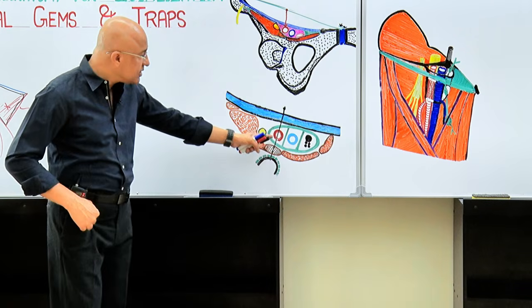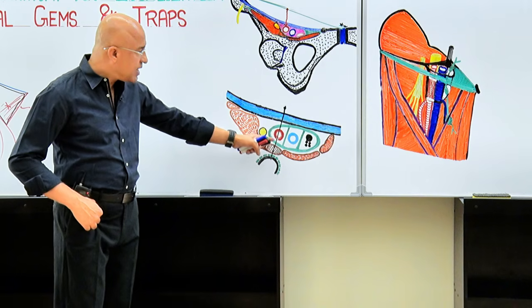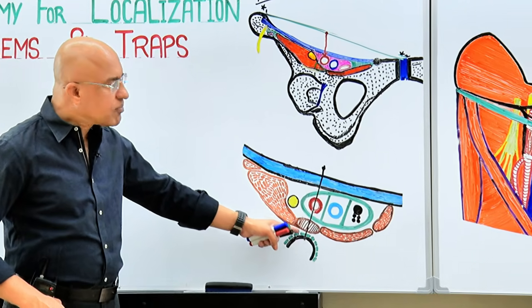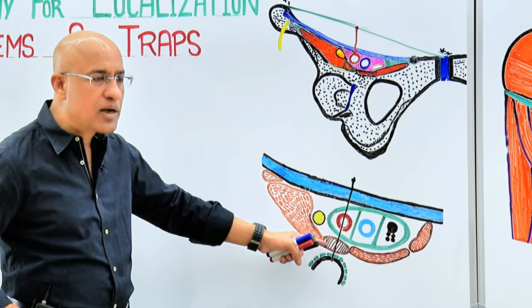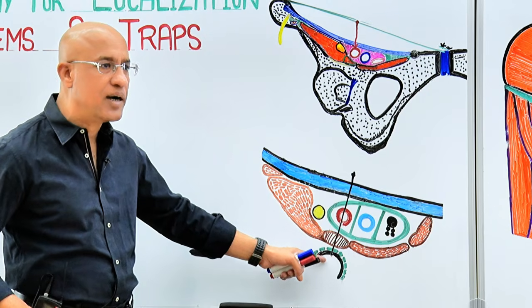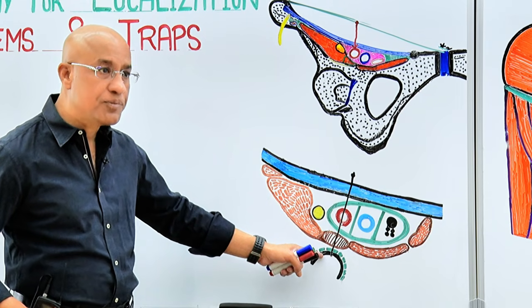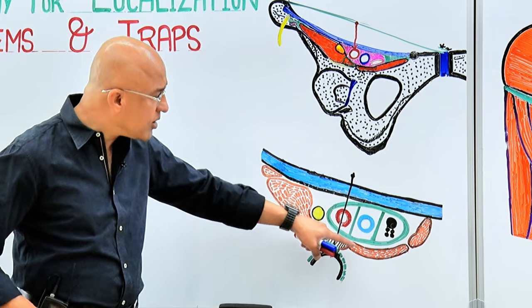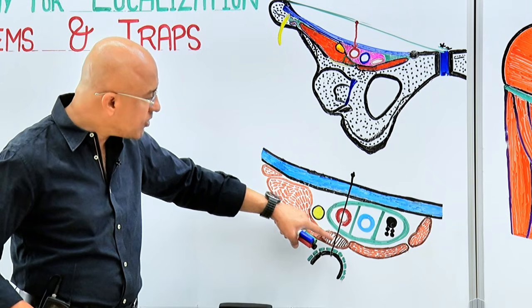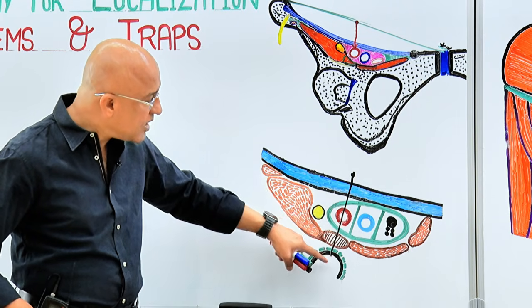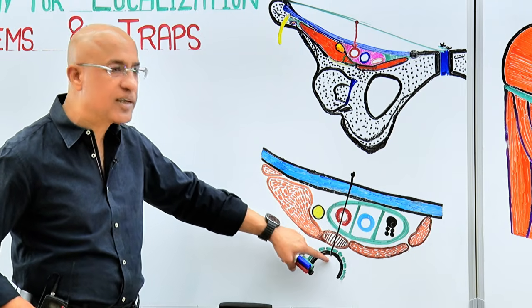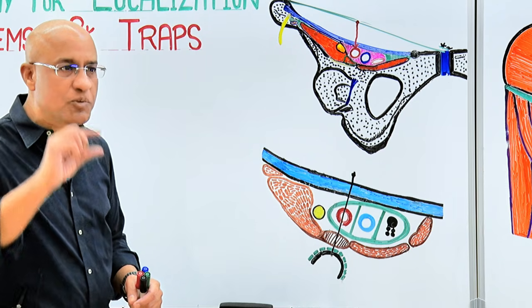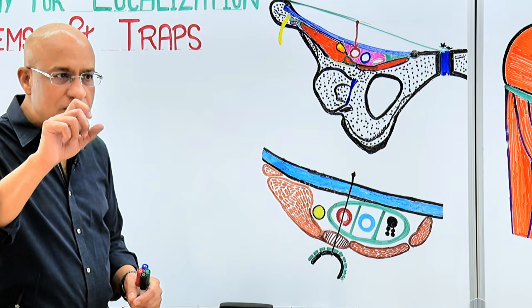Behind this, if you press here, the artery will be pressed against the psoas major tendon, which is not very compressible, and of course very hard. What is this? Head of the femur. So the artery is compressed through the psoas major tendon, or sometimes the lateral part of pectineus, against the head of the femur, and then you can feel its pulsations, because when it is compressed, it will bound anteriorly.